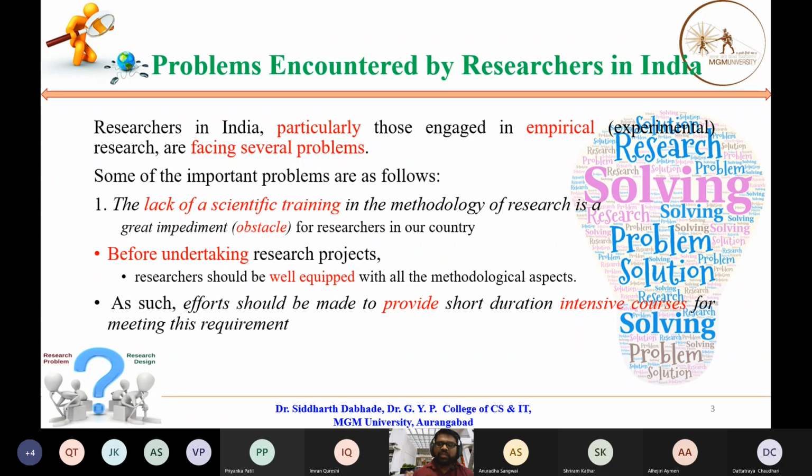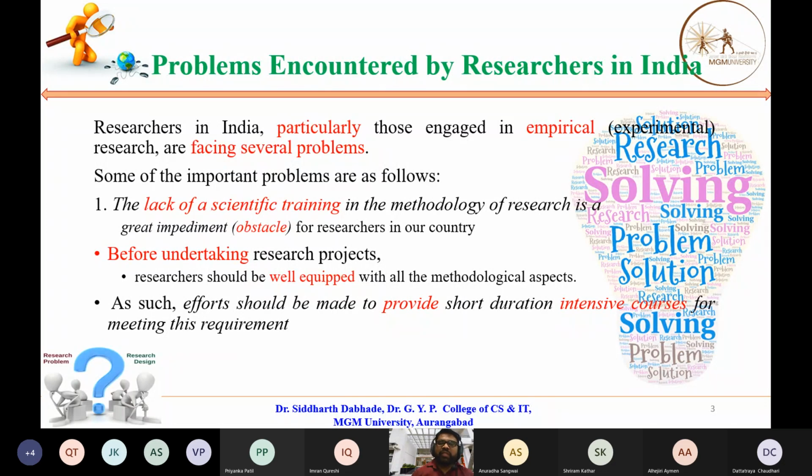What is research, and what are the ways to do your research work. Many different guest speakers will be called so that you can do very good and excellent research in your domain. So this was the first problem, the lack of scientific training. Another one is that before undertaking a research project, we need to understand whether that particular project or topic is equipped.